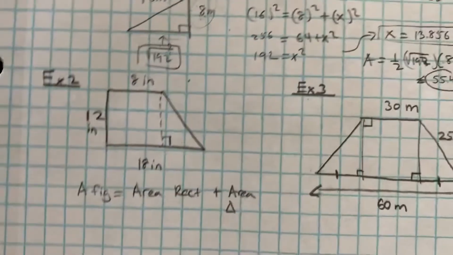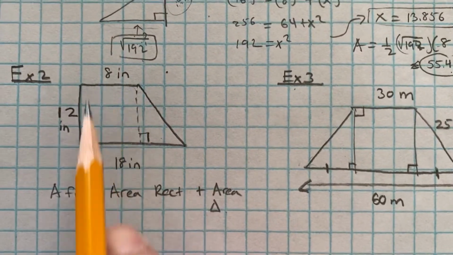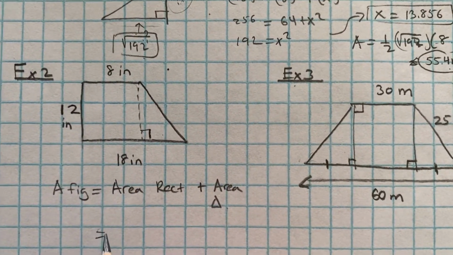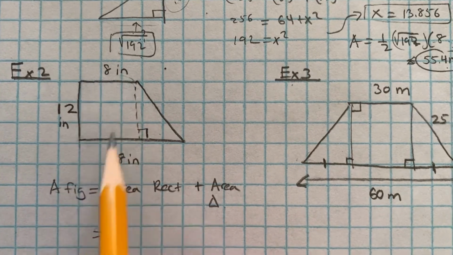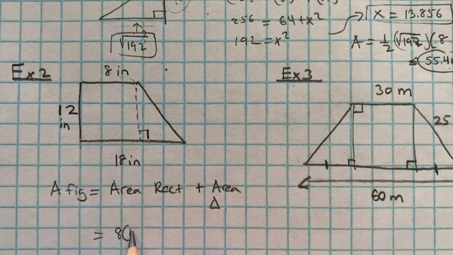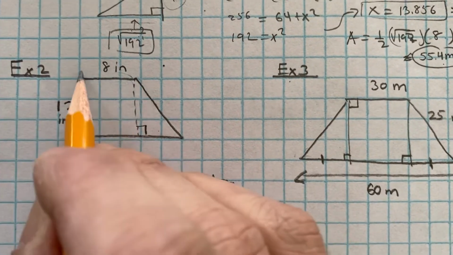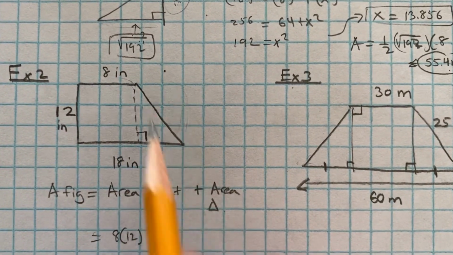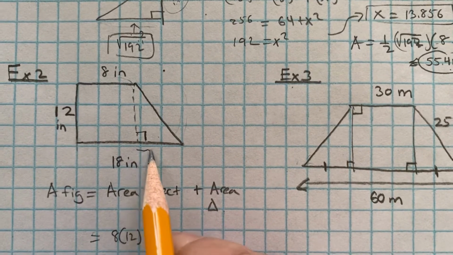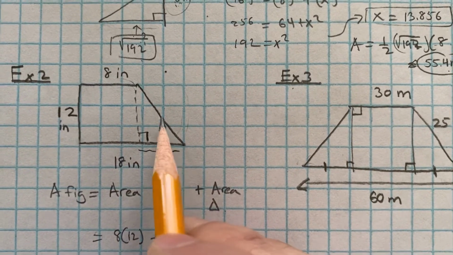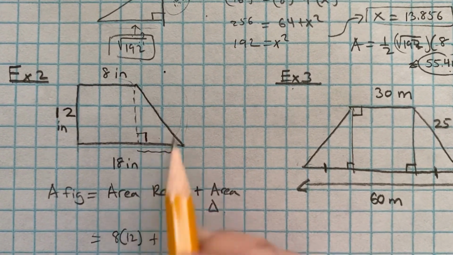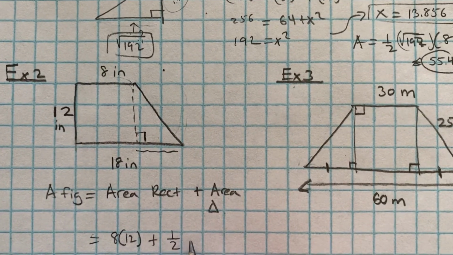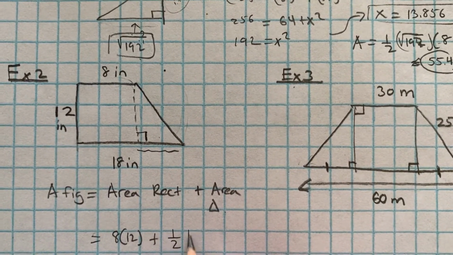Okay, so if I ask you, what is the area of this rectangle right here? Well, you would say that's just 8 times 12. Right, this is the base, this is the height. Now to compute the area of the triangle, I need to figure out what this length is. And then I can figure it out using the formula 1/2 base times height.